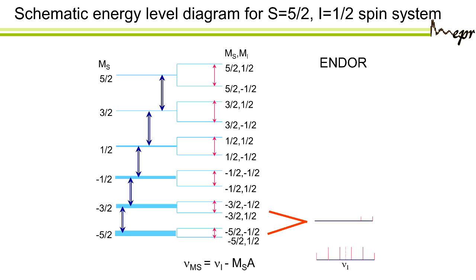And now if we go to the next one, we see they move in, and then for the half minus half, they look like a spin half. It's symmetric about the Larmor frequency, and then they go to the other side and to the other side. If you add them all, you get this type of pattern, and you see that the outer ones are a bit weaker, half the intensity of this.